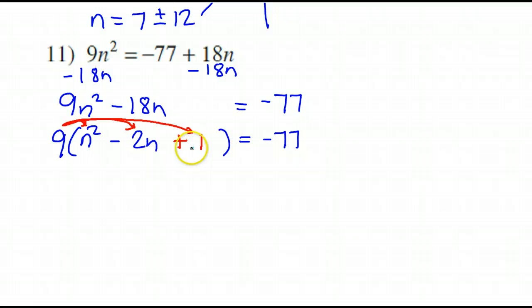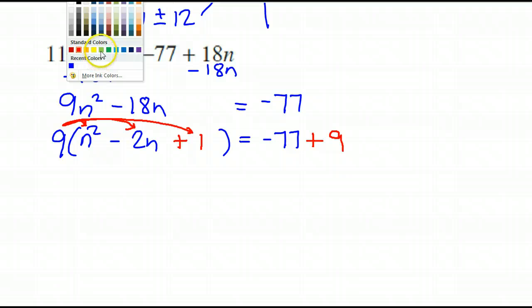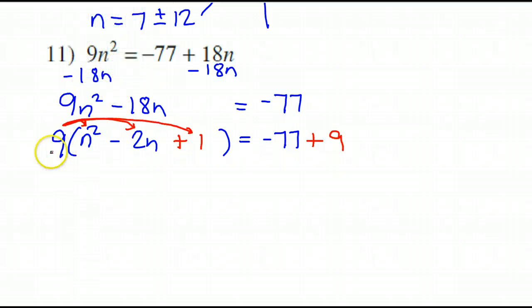So I'm going to put this plus 1 here, but recognizing that it's really 9 times 1, then I will go ahead and add 9 on the other side. And look, I'm just going to do it and then erase it, but please understand, imagine I went ahead and did the distributive property.